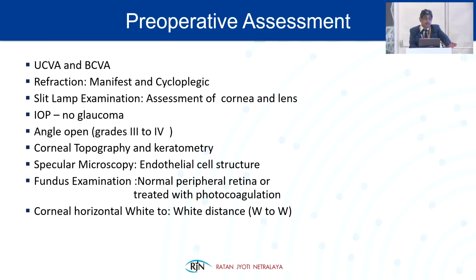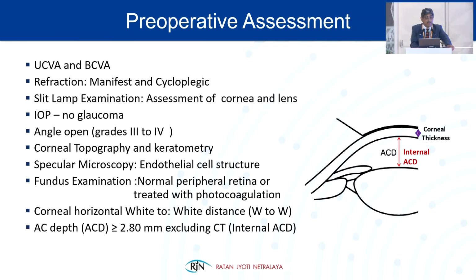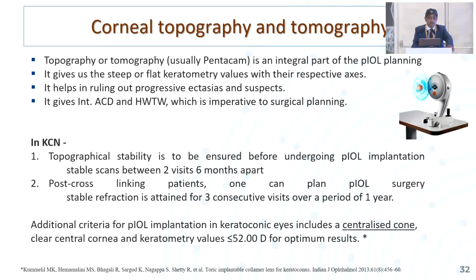And the two important things which are specific to this procedure are the measurement of horizontal white to white distance and the anterior chamber depth, which should not be less than 2.8 millimeter. And this anterior chamber depth, mind it, should be measured from the posterior surface of the cornea. We have to measure the internal anterior chamber depth.